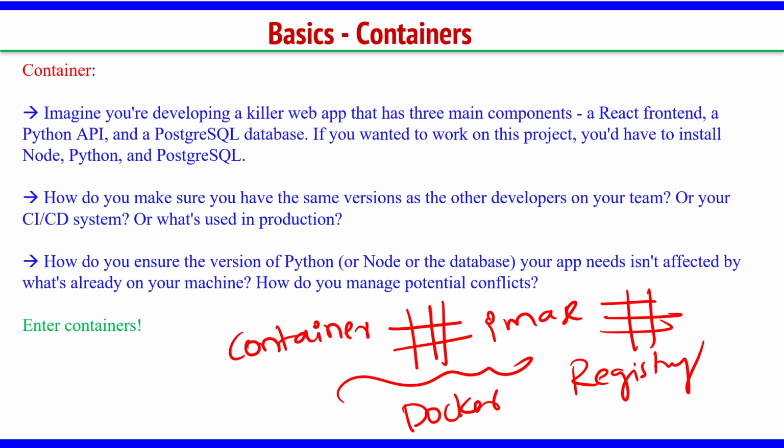So, for now, we will try to understand what a container is, what an image is, what a registry is, then we will club them together and understand how all three are linked with Docker.